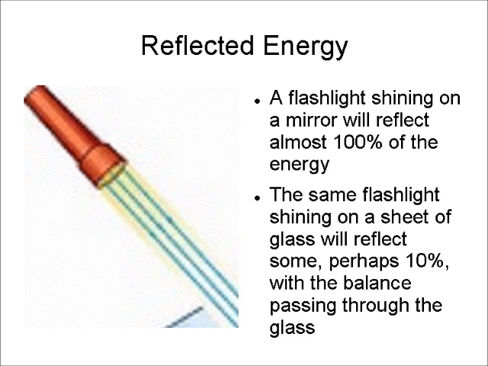Now, if you were to look at that in terms of radio waves, what's our measurement for issues with radio waves? SWR, right? We're always talking about SWR. SWR is talking about reflected energy. So if you take a flashlight and shine it on a mirror, anybody want to venture a guess what the SWR of the mirror is? 1?